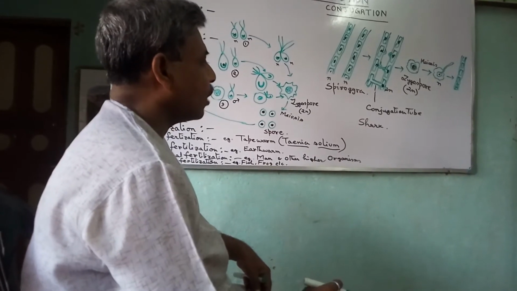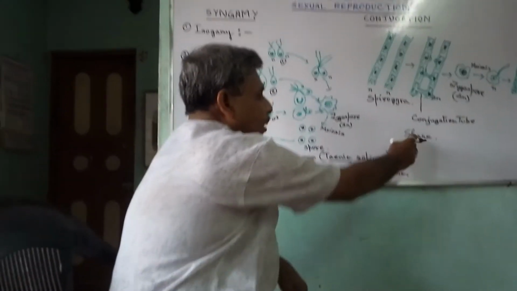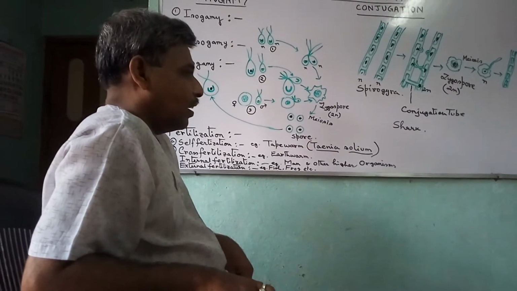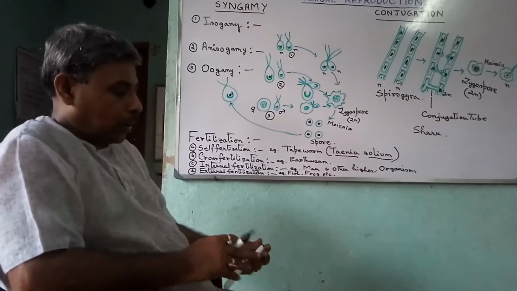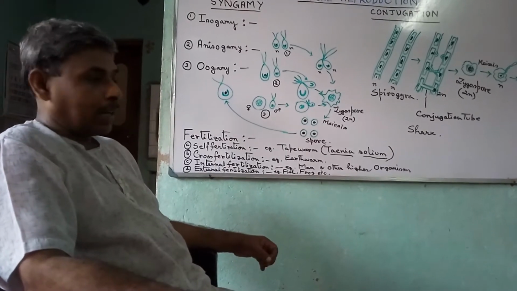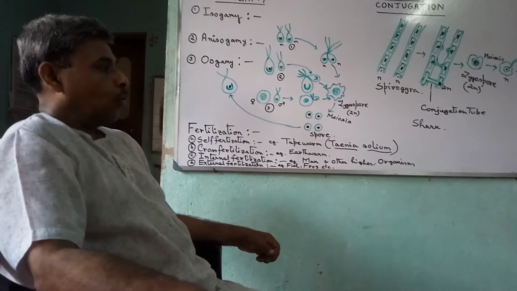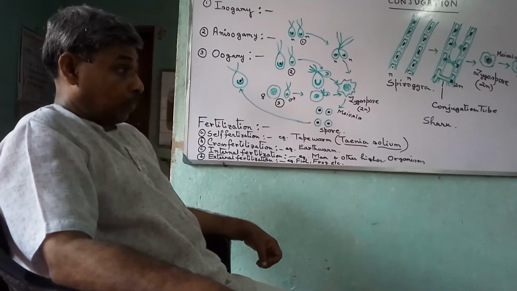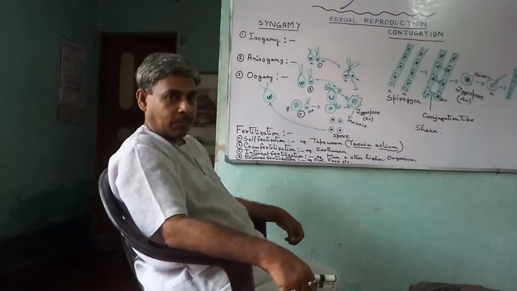That type of fertilization is often called ovoviviparous fertilization. The formation of the young one when occurs from ovum or egg, that is called oviparous animal or oviparous fertilization. When the baby grows within the mother's body and later on the baby is released, that is called viviparous fertilization or viviparous animal.